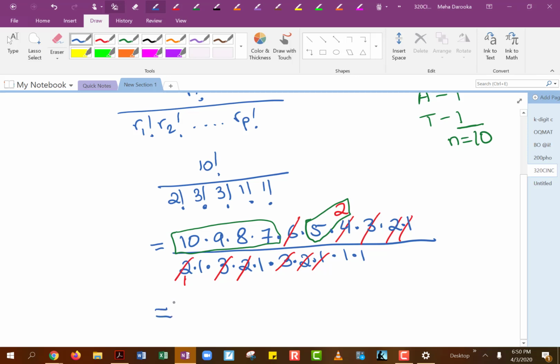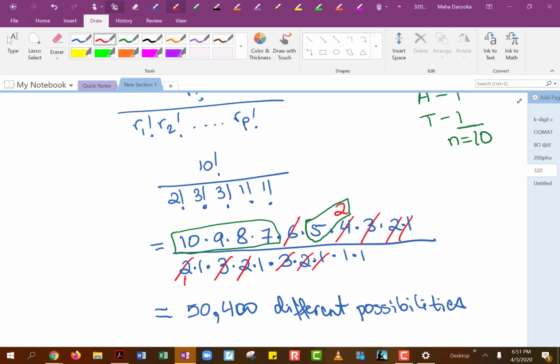So like I said, if your calculation is correct, this should come out to be 50,400 different possibilities. So the idea here is if we take those letters that make up the word Cincinnati, there are 50,400 different ways in how you can arrange those letters, okay? So that is how we use our permutation rule 2 to come up with this answer.